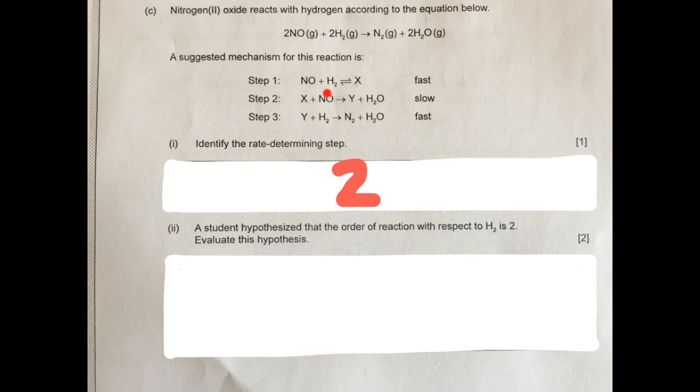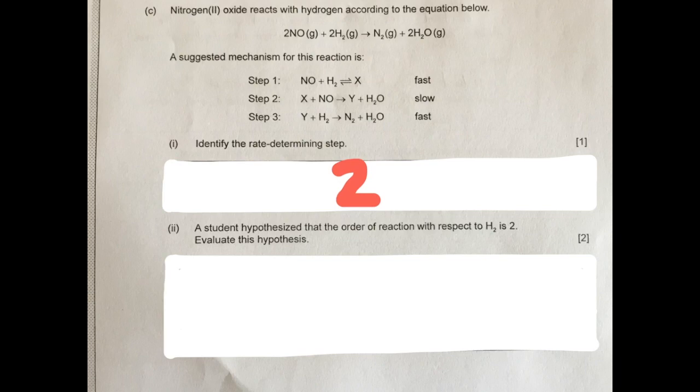And here you can see that one NO is involved, and it's actually reacting with an X. That X comes from where? That X cannot be a part of the rate expression because intermediates are not included in the rate expression. So we need to look at where X came from. And X came from an interaction between one NO and one H2.